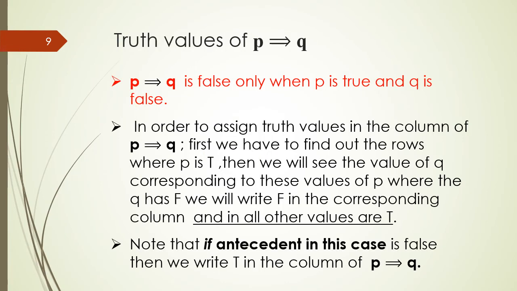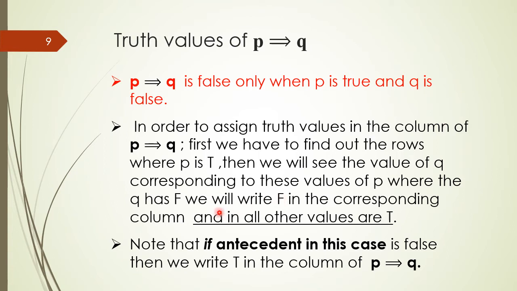Now we discuss how to decide the truth value for the conditional statement in the truth table. Consider the conditional statement P implies Q. Its truth value is false only when P is true and Q is false. In order to assign the truth values in the column of P implies Q, first we have to find the rows where P is true and the corresponding Q is false.